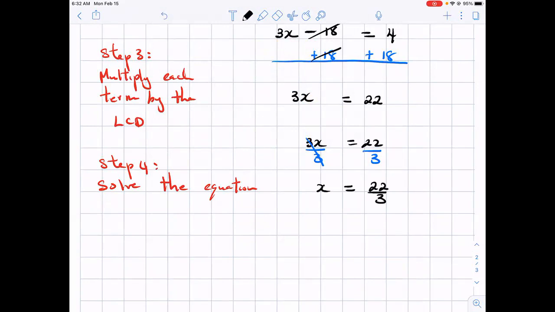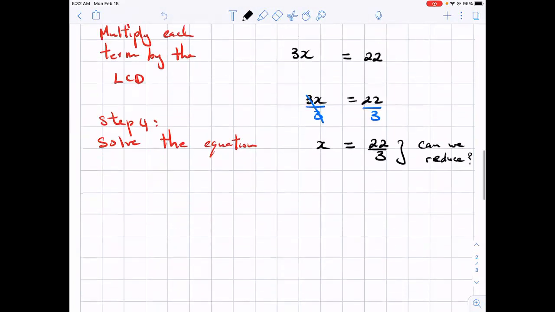And then we look to see if 22 over 3 can be reduced. Check, can we reduce? Since 22 over 3 cannot be reduced, our possible answer is 22 over 3, but don't forget, you have to check.